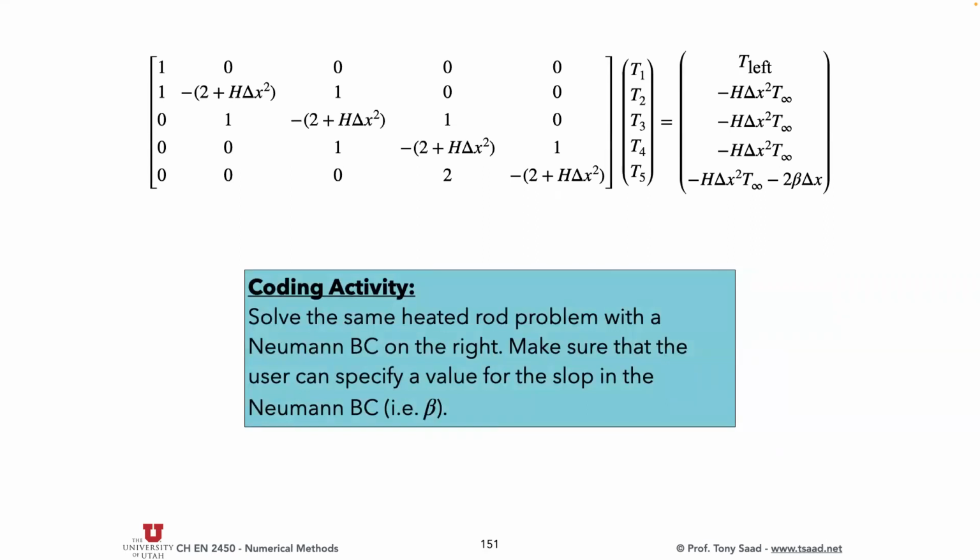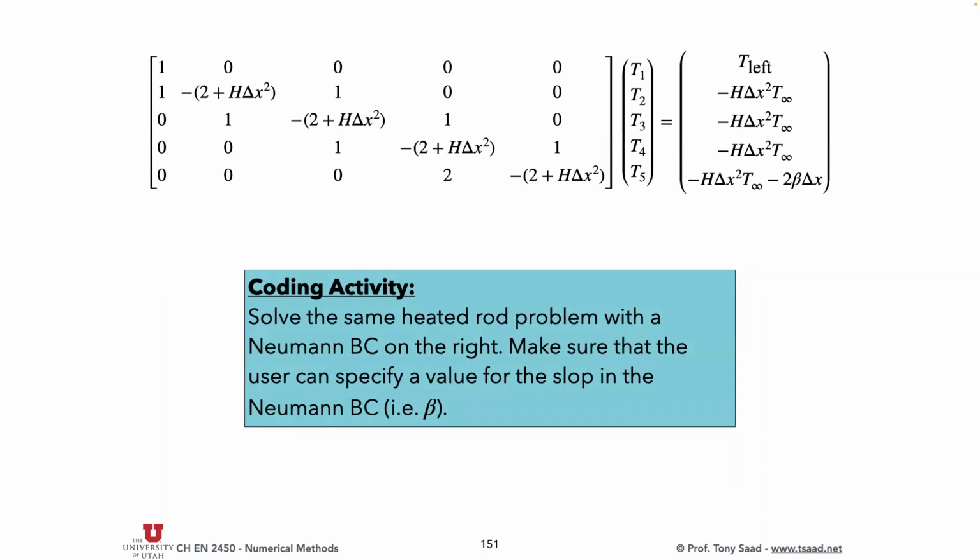The reason I chose to approximate the Neumann condition with a second order approximation, order delta x squared, is because everything we've done so far for the governing equation is order delta x squared.